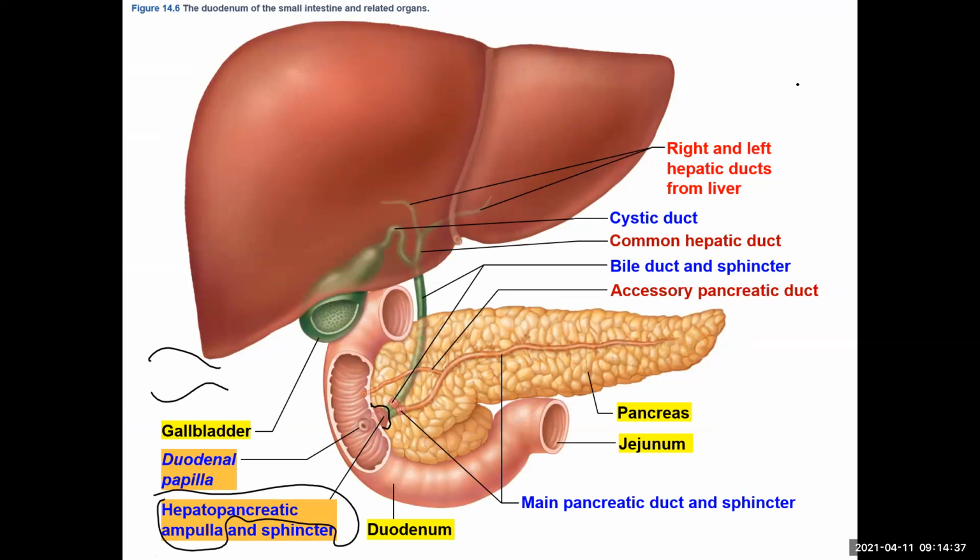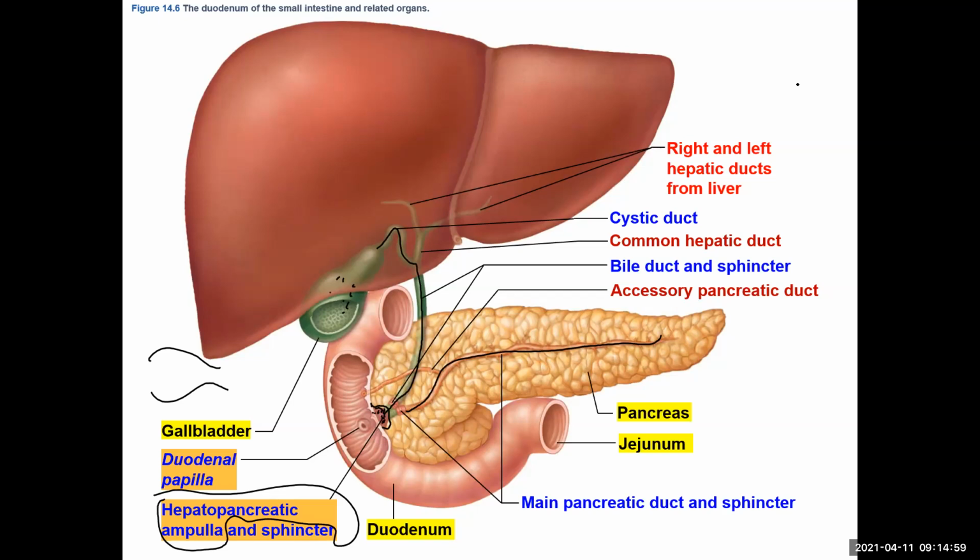So what happens? When the pancreas produces the juice, it comes and is stored over here. And when the gallbladder releases its juice, it also comes and releases here.